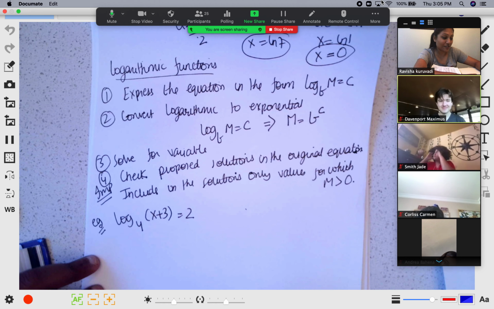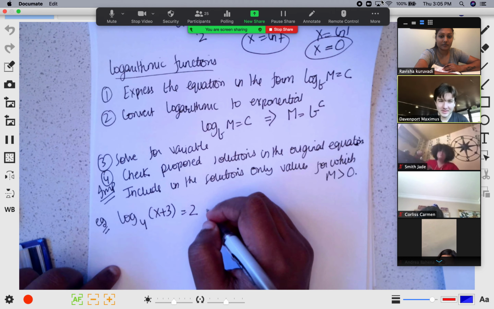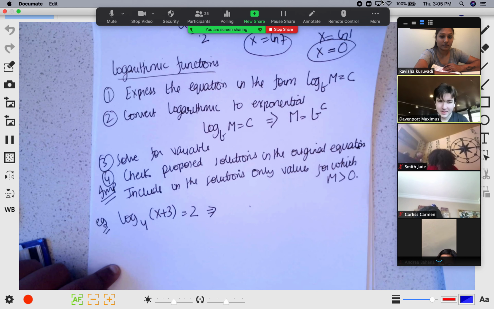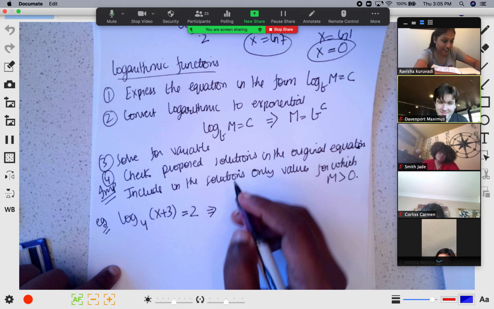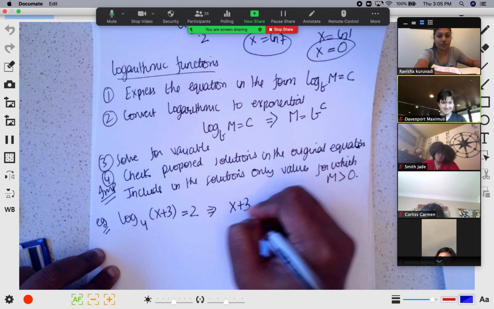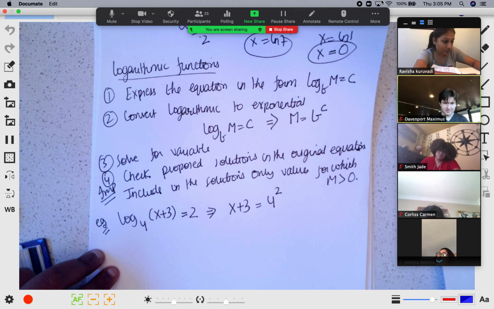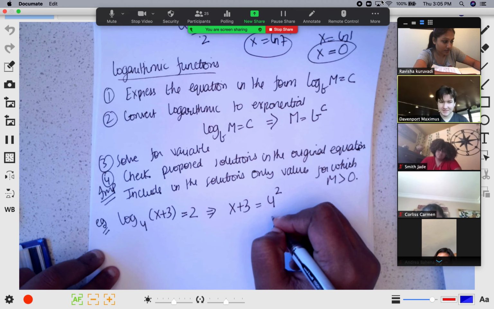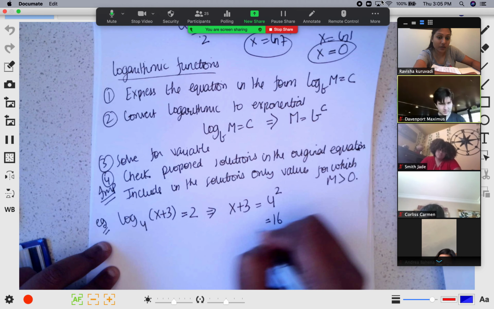Okay, convert this into exponential. Is that x plus 3 equals 4 to the power of 2? Yes, exactly. x plus 3 is equal to 4 to the power of 2. You're absolutely correct. What is 4 to the power of 2? 16. So you get x plus 3 is equal to 16.